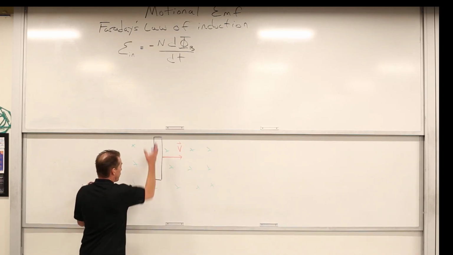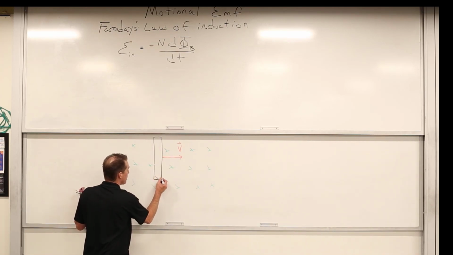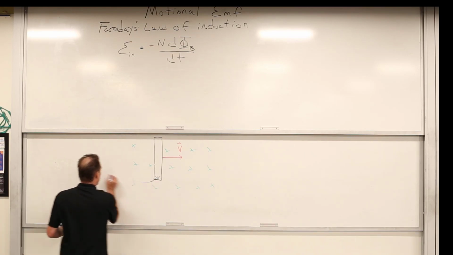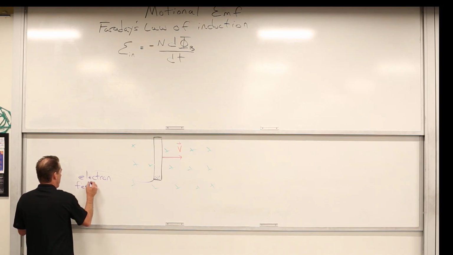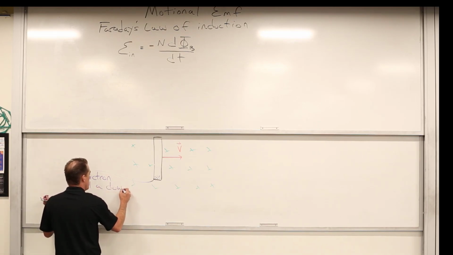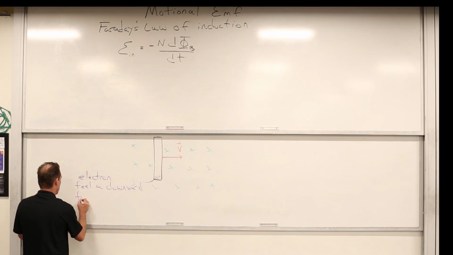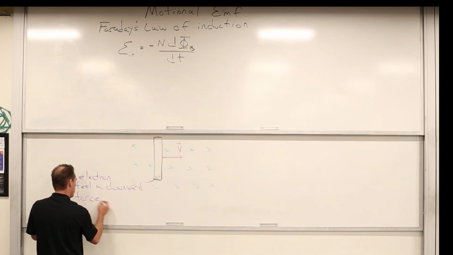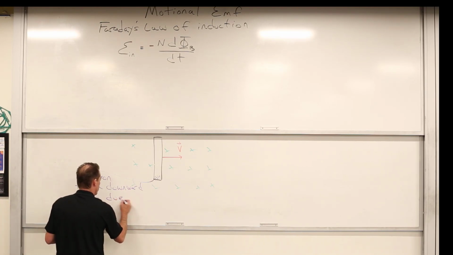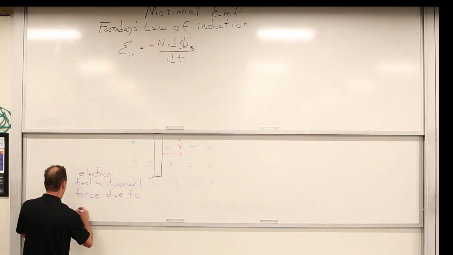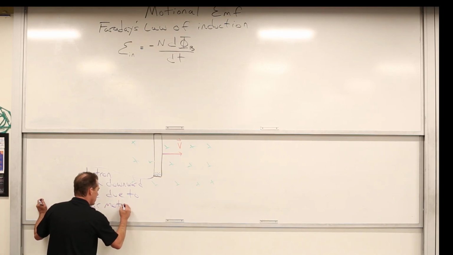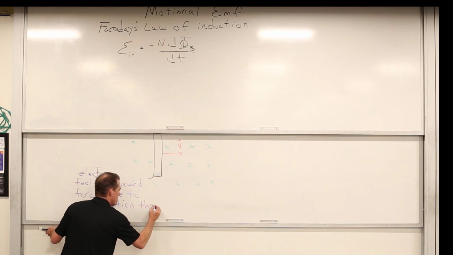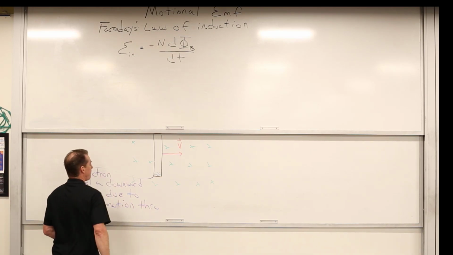Electrons are going to shift downward and ultimately produce a bunching up here. Electrons feel a downward force due to their motion through v hat, and they bunch up here.